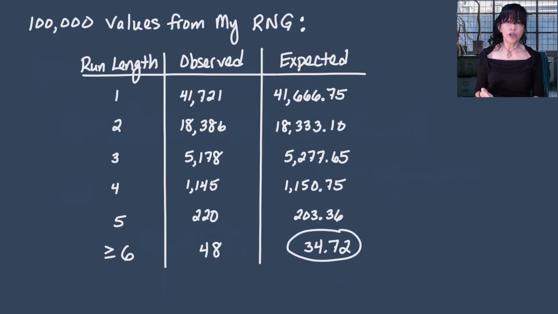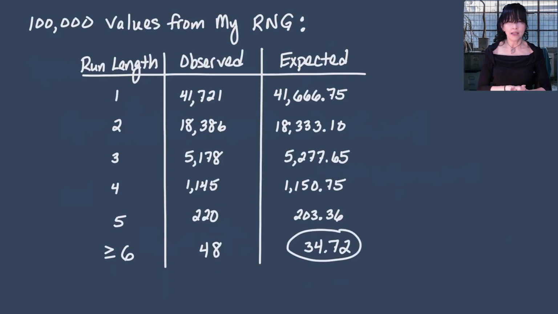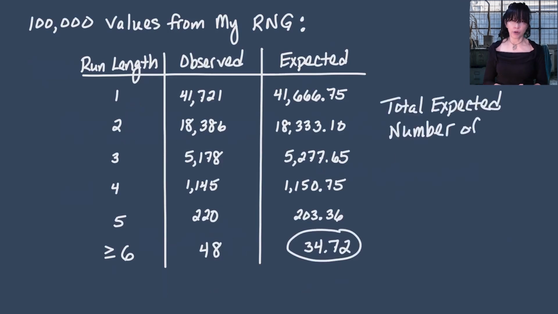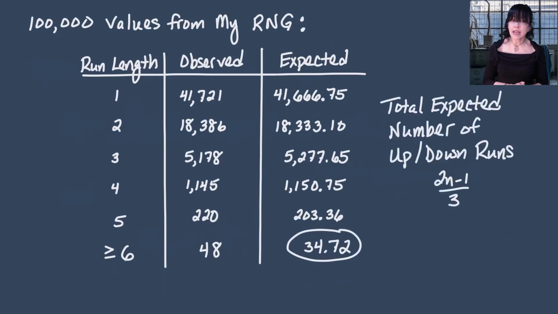That's a lot of work, but note that we did count back in a previous video that I can't do this for because it's the same one I pointed to before, and I just found out that YouTube does not let me put the same video up there twice in one video. But in the same video, which is around lesson 5, we counted that the total expected number of up and down runs was (2n minus 1) over 3.